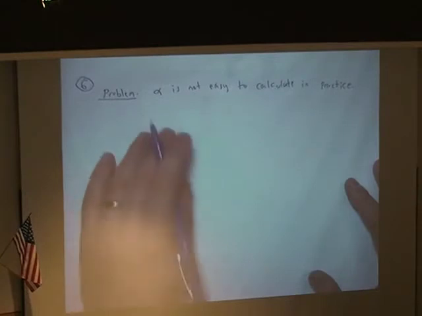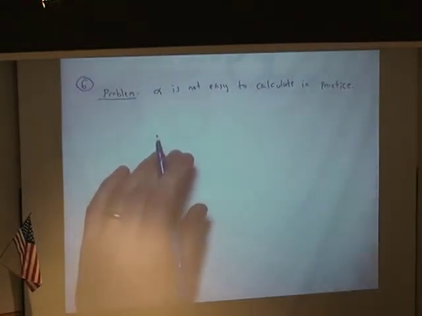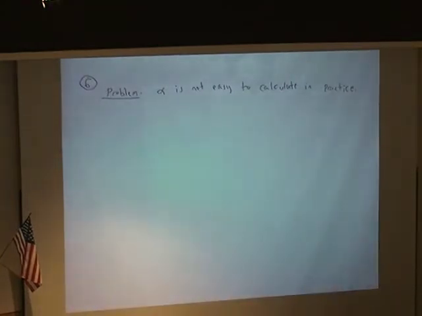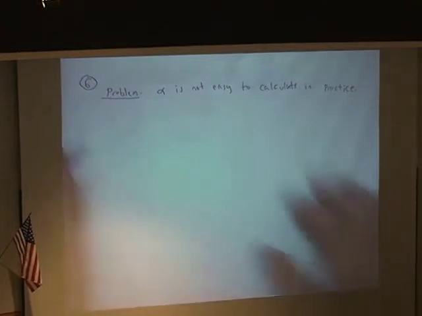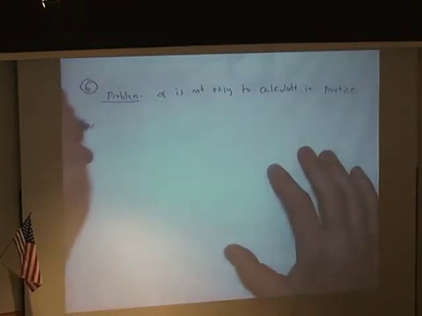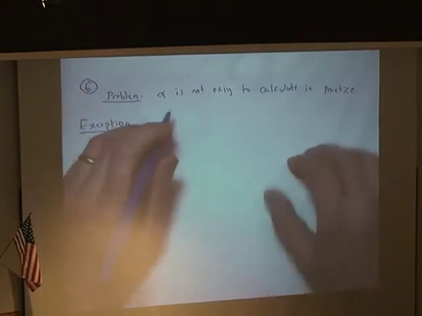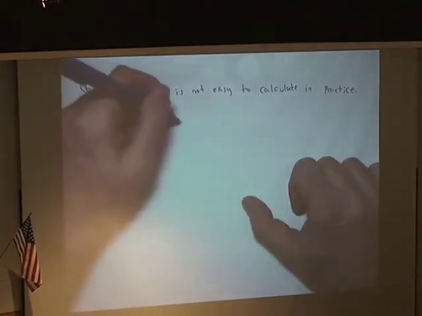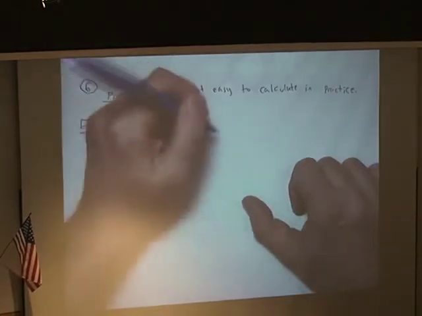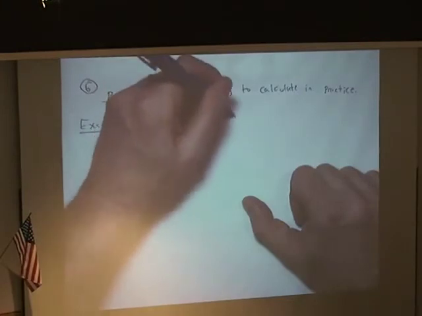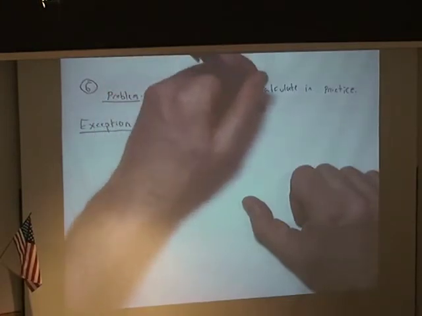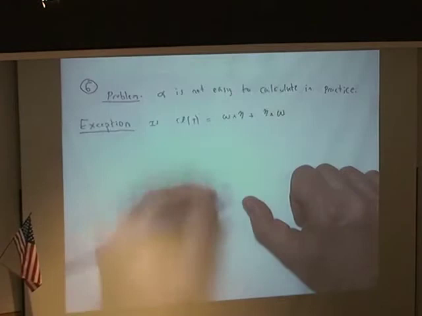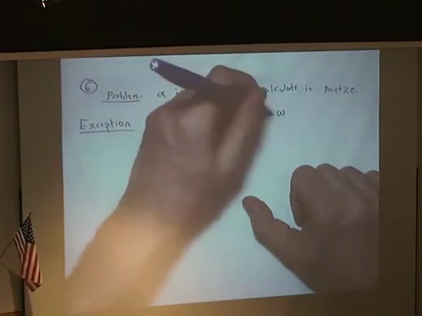But before I go on to that, I want to make the remark that there is one exception to this statement that we don't know how to calculate alpha. The exception is if our Hodge class is of the form, so suppose the class of T was given to you, and it was of the form omega tensor eta plus eta tensor omega.